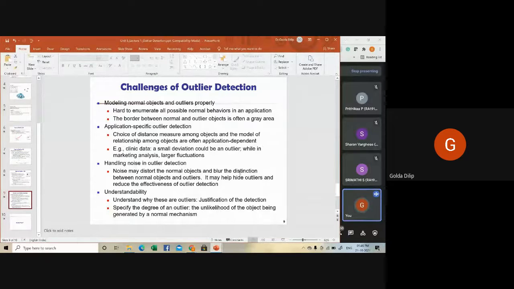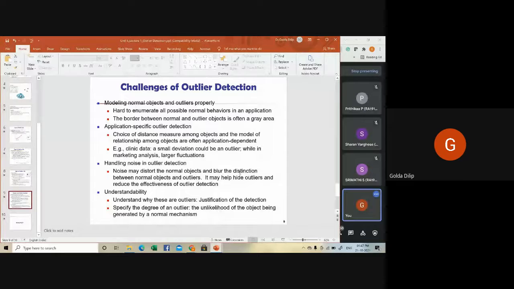You measure the outlierness or the normalness of a particular object. So it varies from application to application and from method to method. That's what the first point is all about, modeling normal objects and outliers properly.